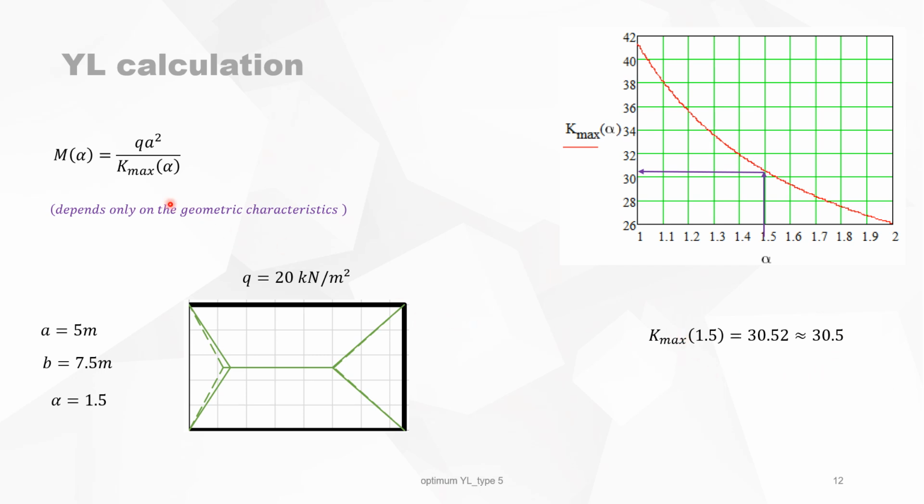You can use the formulation as it is given here, or you can use the graph, which is much simpler. Then the maximum bending moment is 20 times a squared divided by 30.5 gives you 16.4 kilonewton meter per meter. The angle beta 2 is 46 degrees, a little bit more than the 45, and beta 1 is 65, also a little bit more than the 60 degrees.